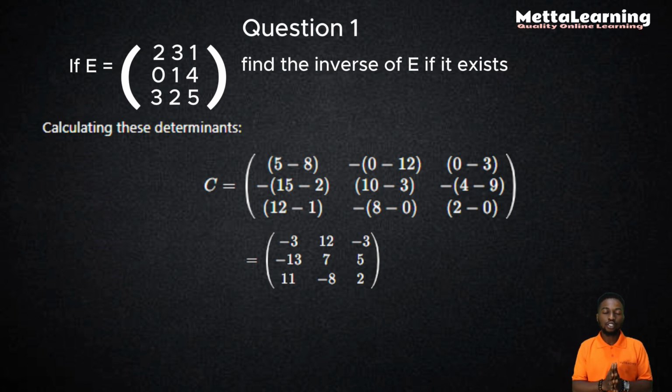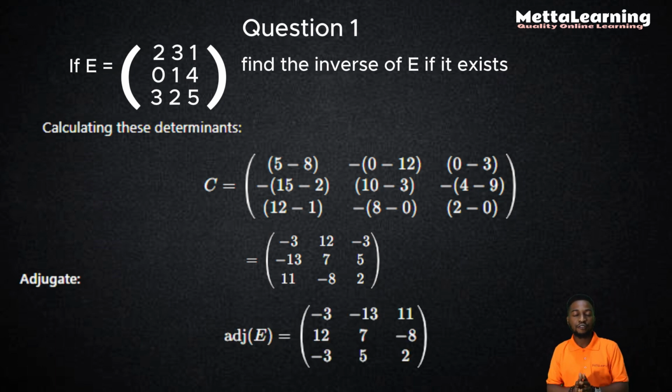To find the adjugate, all we have to do is rearrange our rows into columns. The first row will be arranged into a column, the second row into a column, and the third row into a column. So the adjugate of E will be minus 3, 12, minus 3, then minus 13, 7, 5, and then 11, minus 8, and 2.